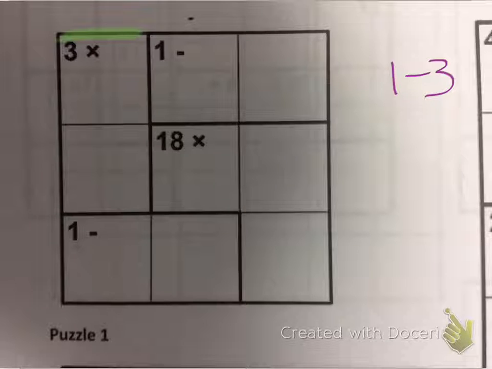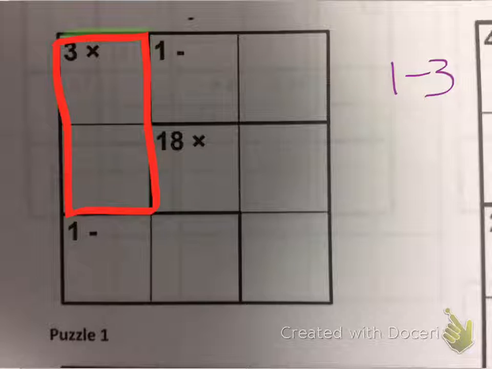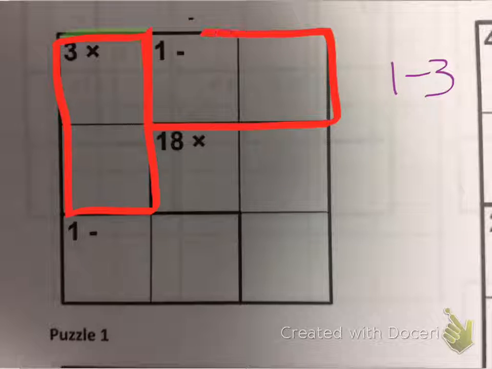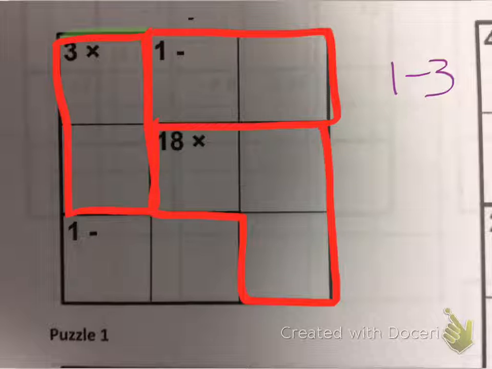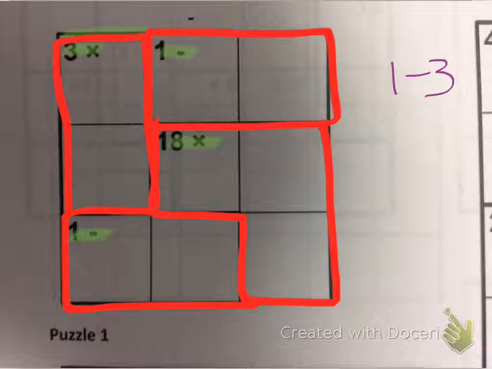You'll notice that there are darker lines that break it into regions. And these are the regions that are created. And in the corners of each box are the rules for that region.